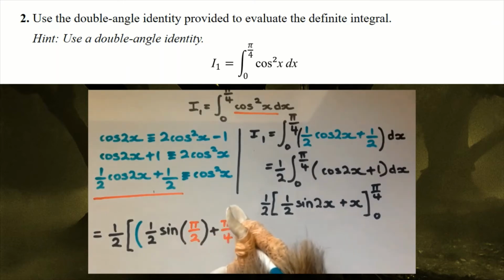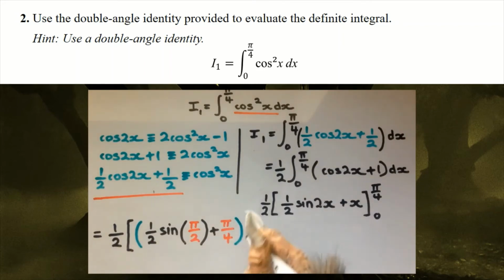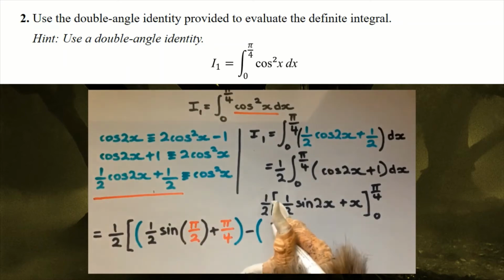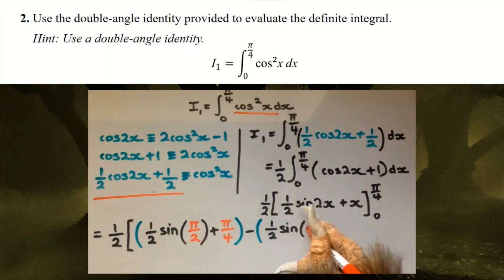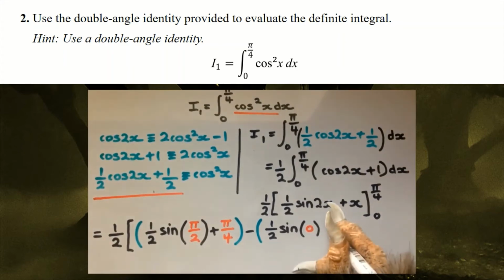Let's put the lower limit in as well. So we're subtracting, so this is going to be subtract, open up the curved bracket again, and we're going to have this time 1/2 sine of 2 lots of 0, which is just going to be 0. So 1/2 sine of 0, like that, and plus 0.